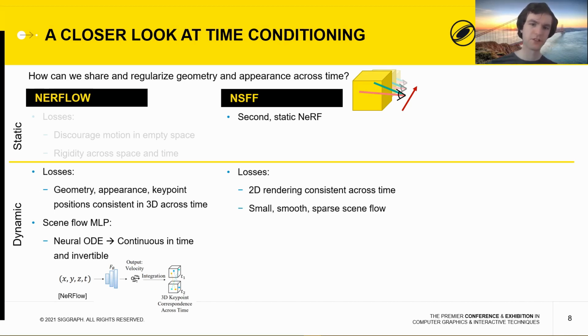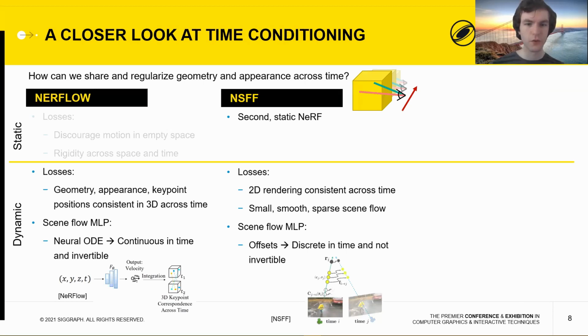It also regularizes the scene flow to be small, smooth, and sparse. These losses are again based on a learned scene flow, which is parameterized by an MLP. Except that this time, this MLP outputs the final offsets directly, which makes it discrete in time and difficult to invert exactly.